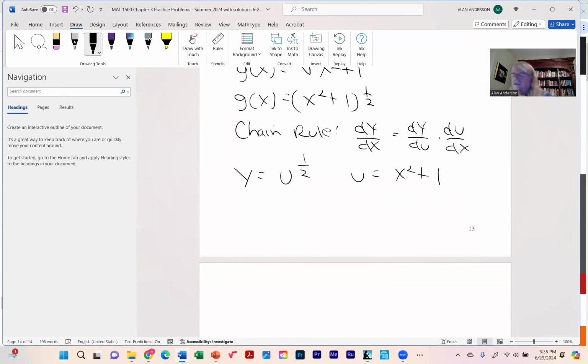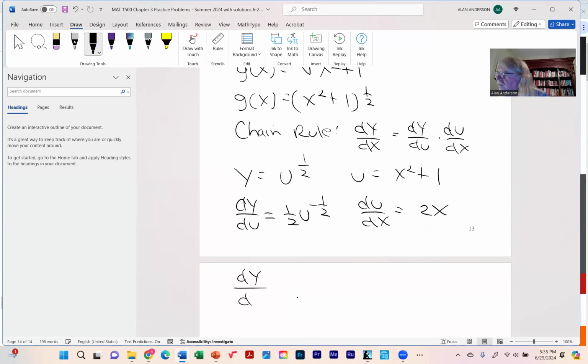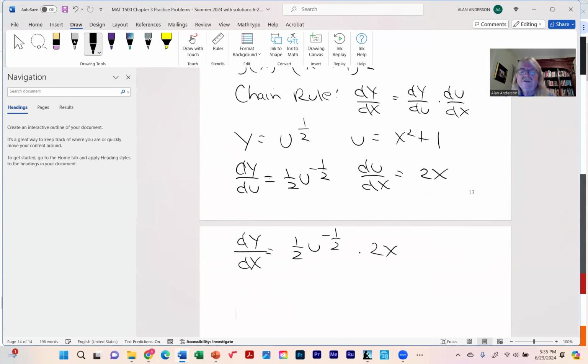And that implies dy/du by the power rule. And over here, du/dx is simply 2x. So when I plug that back in, dy/du is this 1/2 u to the minus 1/2. du/dx is 2x. Now I simply replace u with its definition.